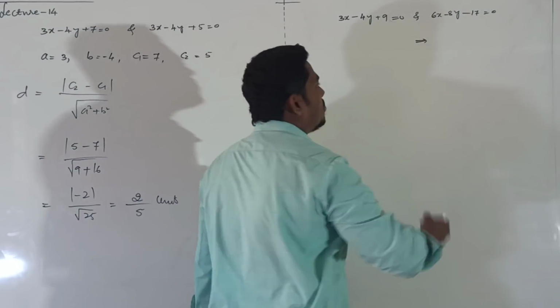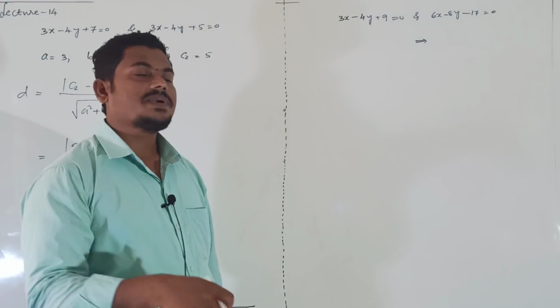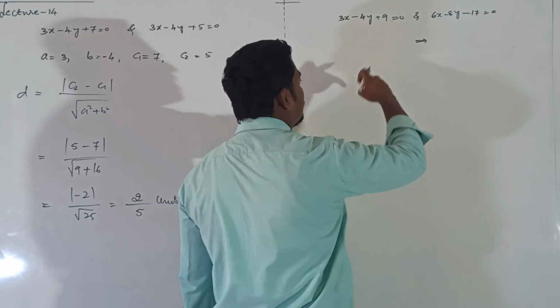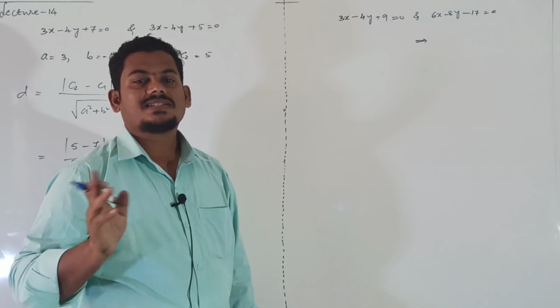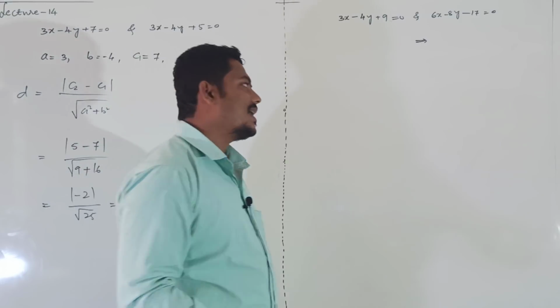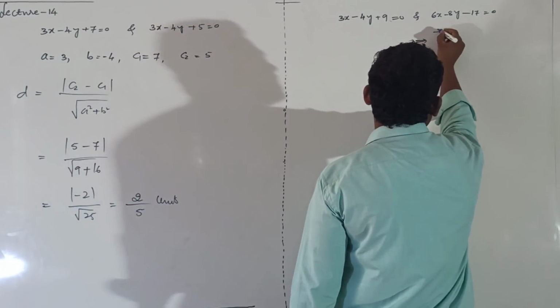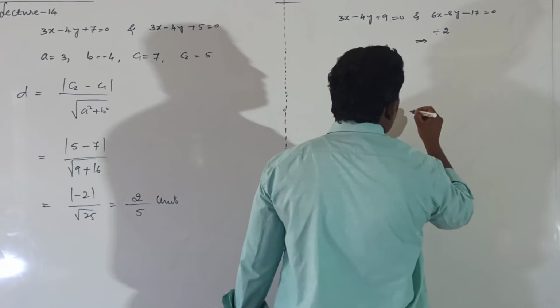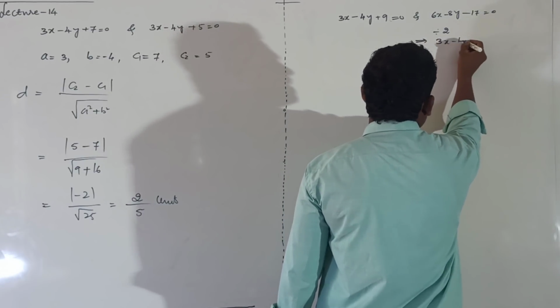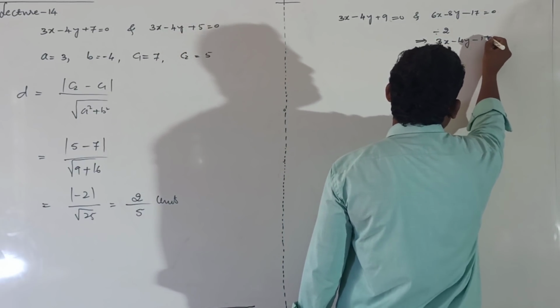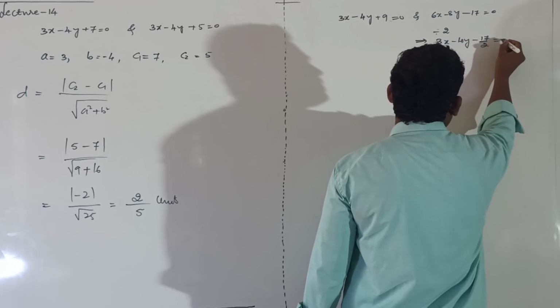Just dividing by 2 throughout, then the coefficient of x and the coefficient of y are identical, right? Dividing equation 2 by 2, then 3x minus 4y minus 17 divided by 2 is equal to 0.